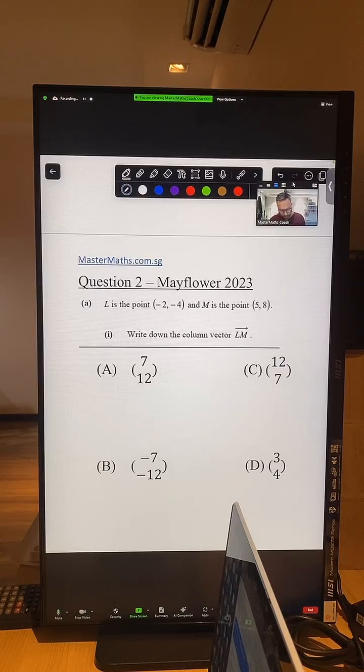Okay, let's go into TikTok and see whether we got any answers. This one is secondary guys, not PSLE.